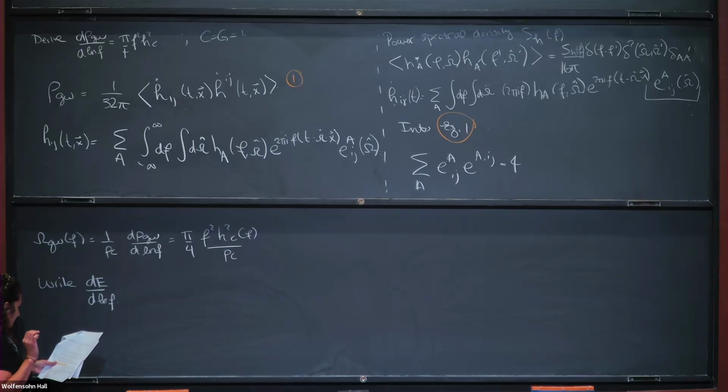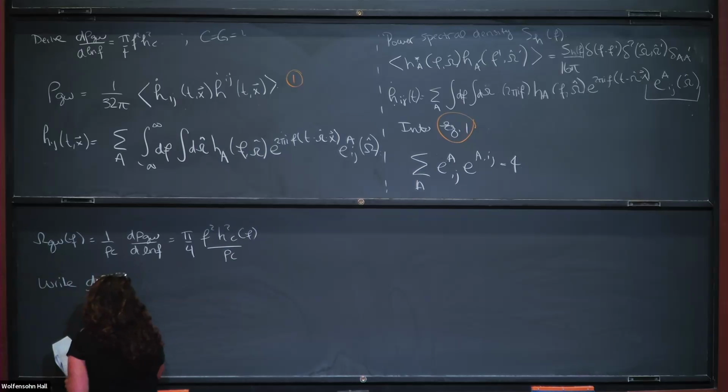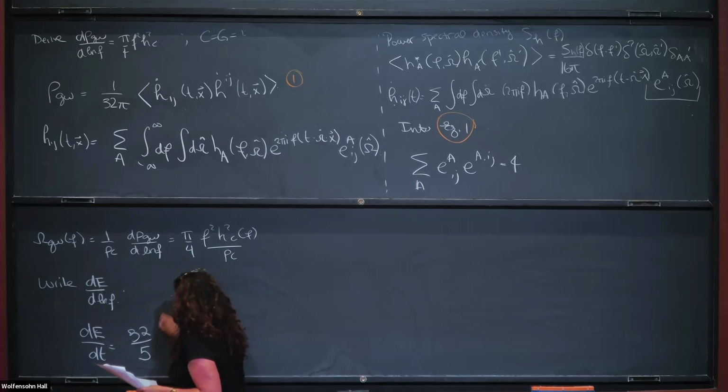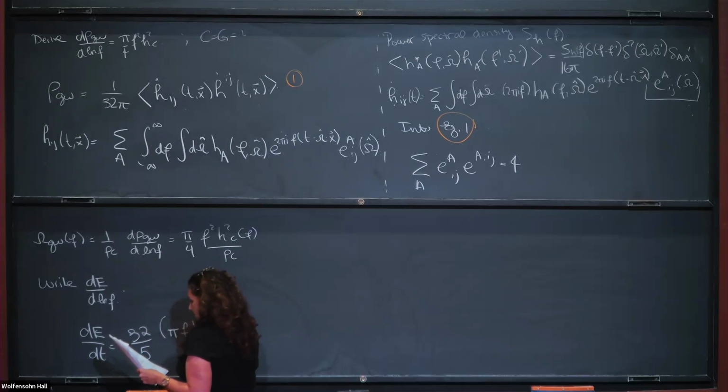So the quadrupole formula for gravitational waves gives you dE by dt. And that is 32 over 5 times pi f chirp mass to the 10/3 pi f.